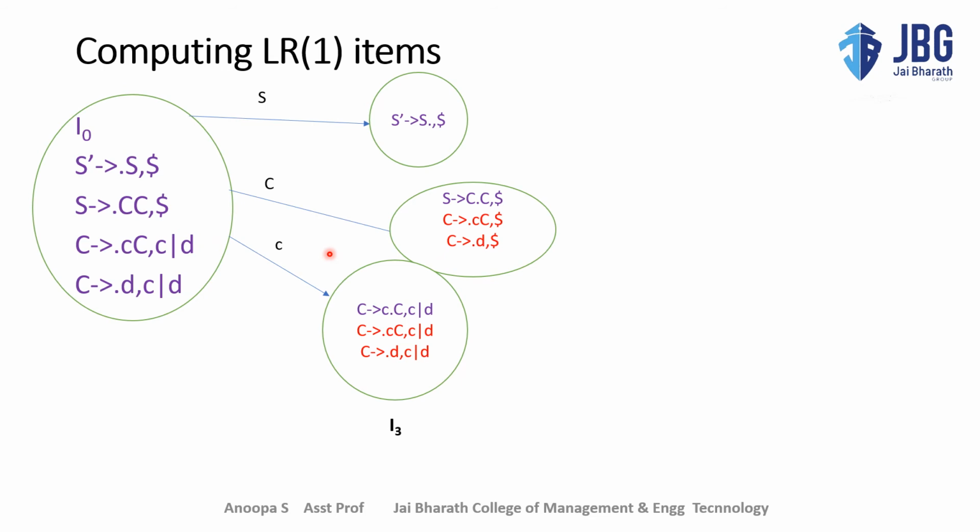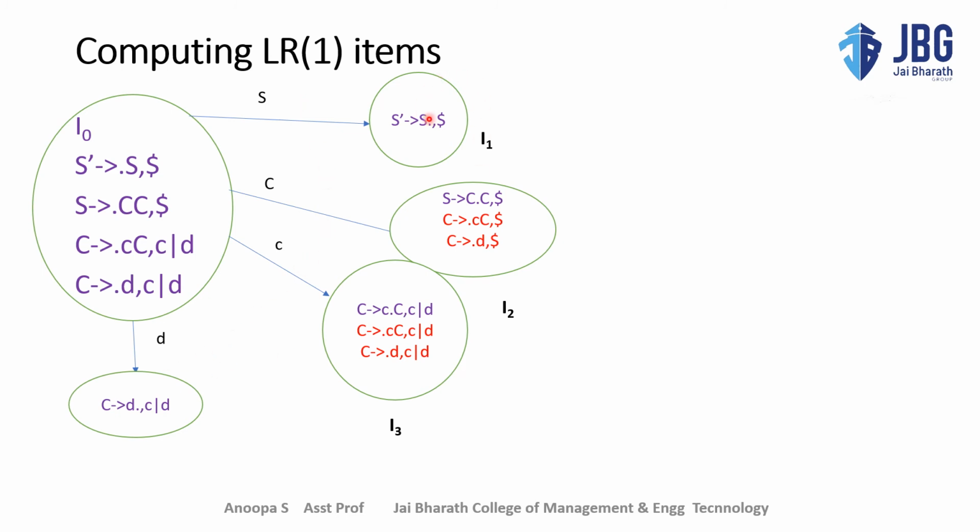Now on small d, when we traverse through it, we get C giving D dot, and further closure is not possible as the dot is at the end. So these are the items that we get when I traverse through these terminals and non-terminals.